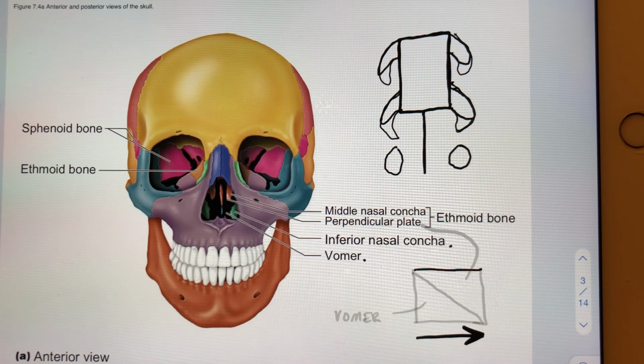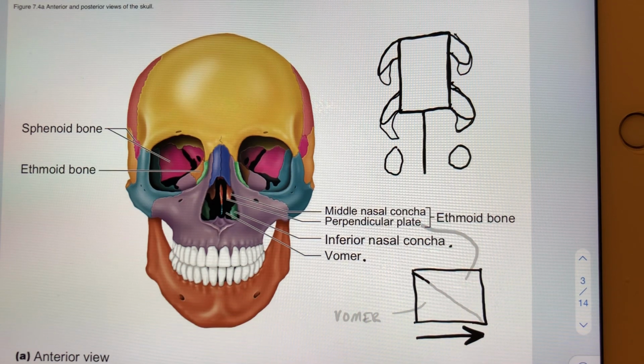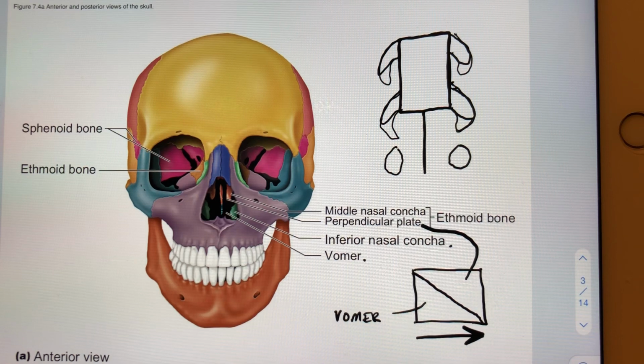If we do that, then we'll better see, oh, that wall is actually comprised of 2 bricks. One of those bricks is the vomer, and one of those bricks is the perpendicular plate.